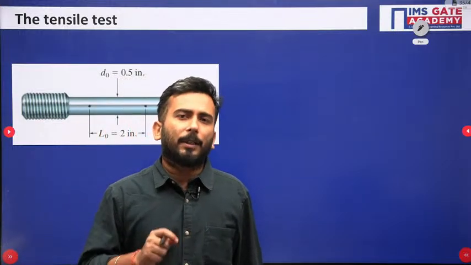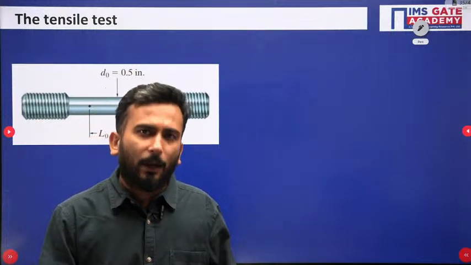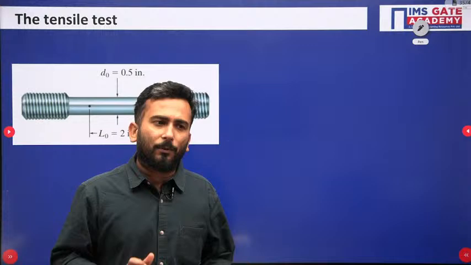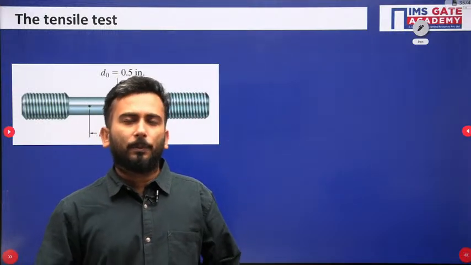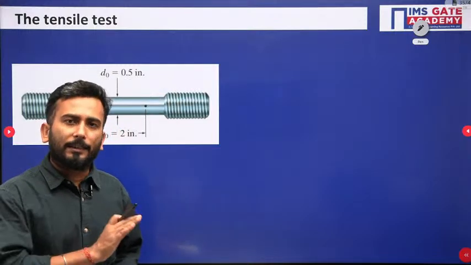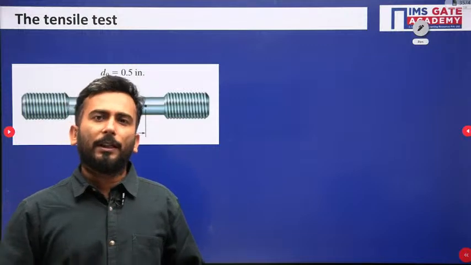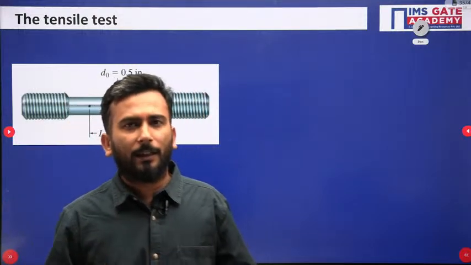My dear friends, we have studied normal stress and normal strain, but till now I have not been able to establish a relationship between the two. So the relationship is established with the help of the tensile test.